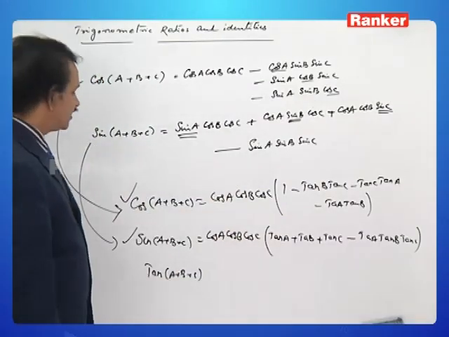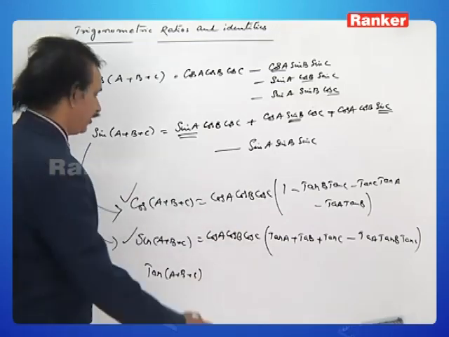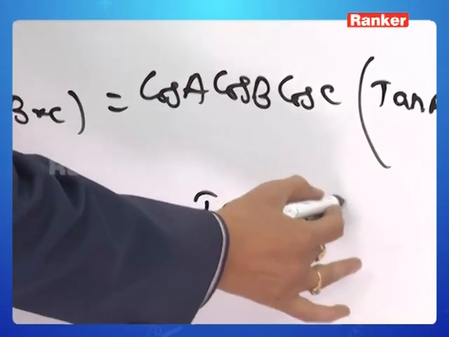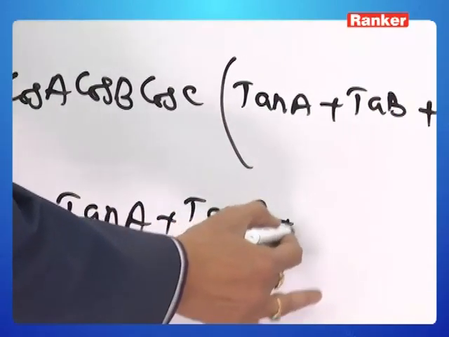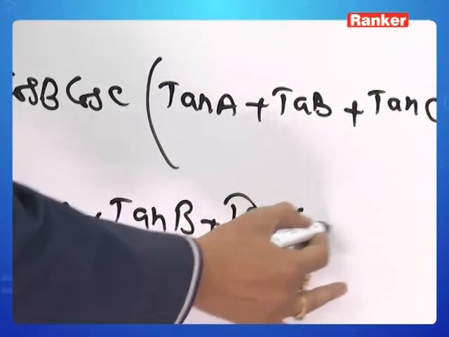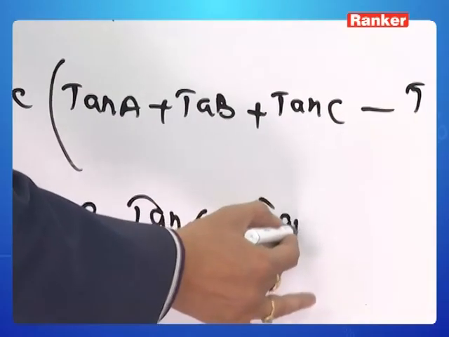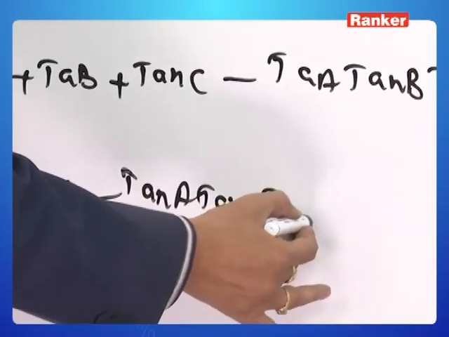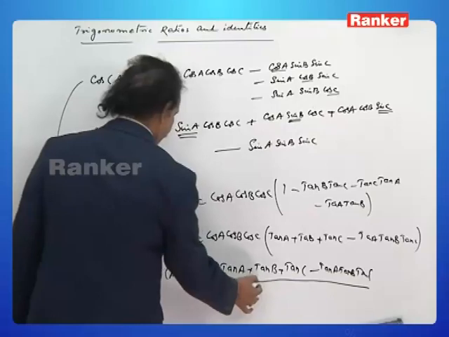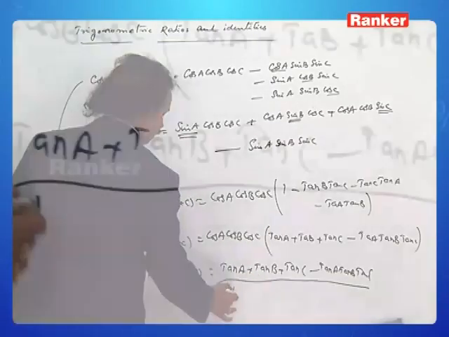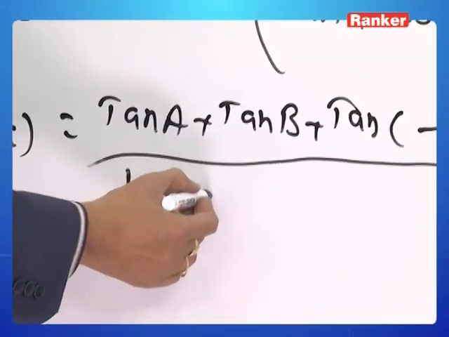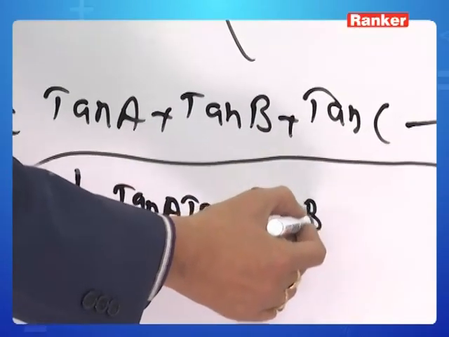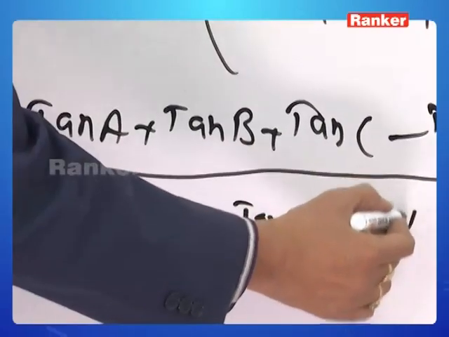What happens is cos A cos B cos C will go away, leaving you tan A plus tan B plus tan C minus tan A tan B tan C by this: 1 minus tan A tan B minus tan B tan C minus tan C tan A.